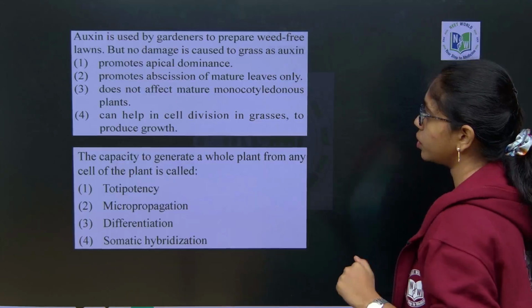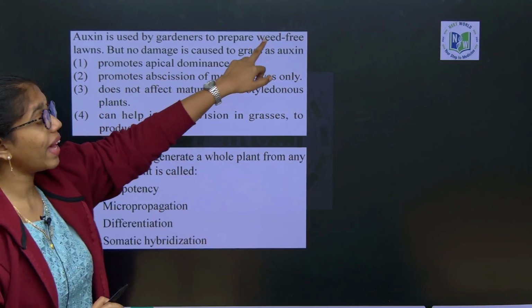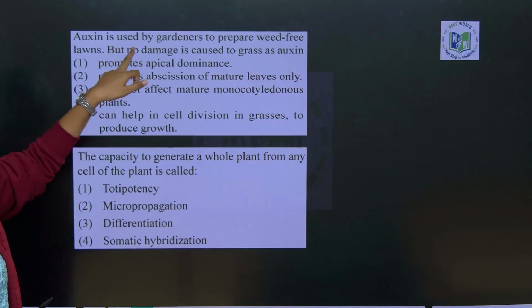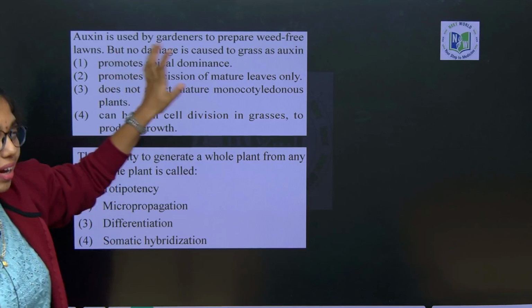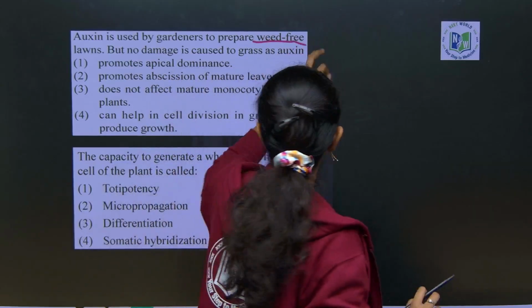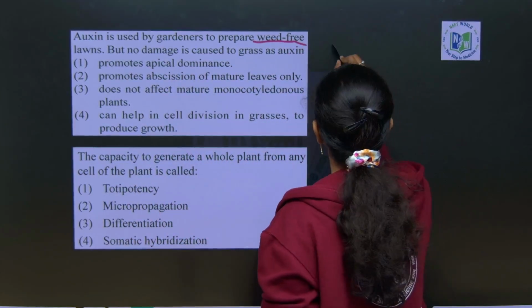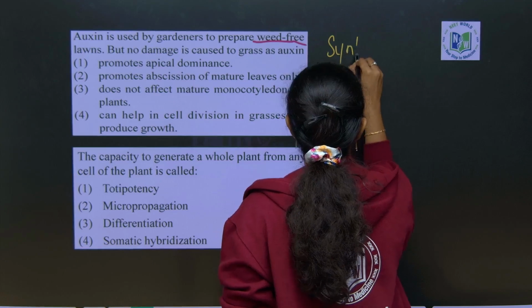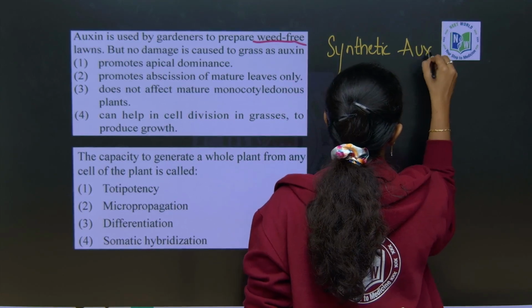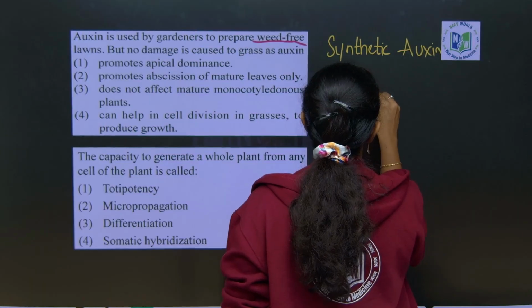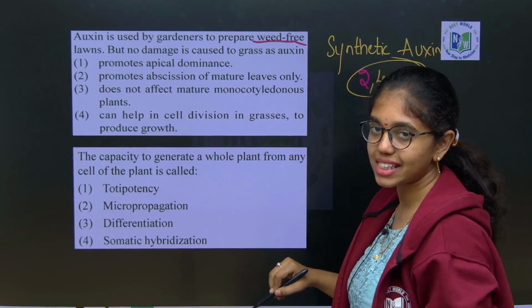Next question, auxin is used by gardeners to prepare weed free lawns, but no damage is caused to grass as auxin. First, to promote weed free lawns, what type of auxin are we using? We are using synthetic auxin, that is 2,4-D, 2,4-dichlorophenoxyacetic acid.